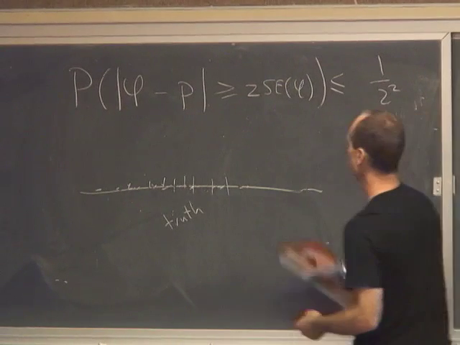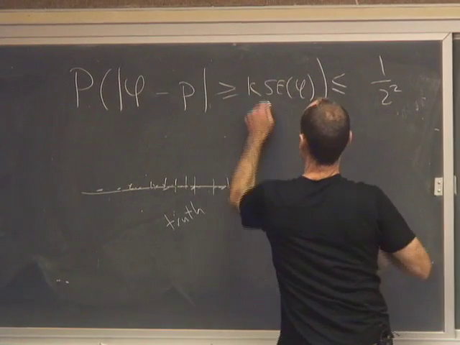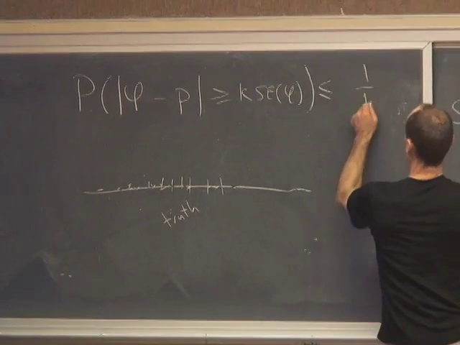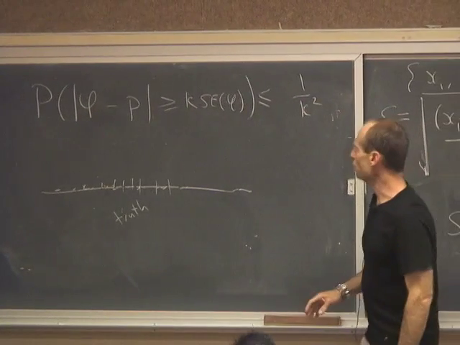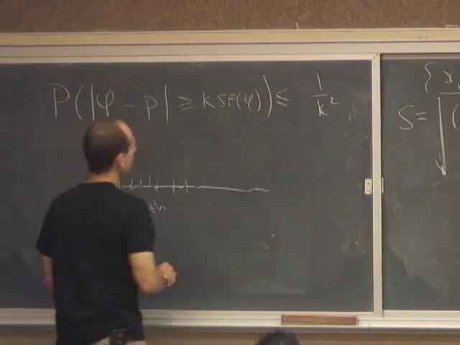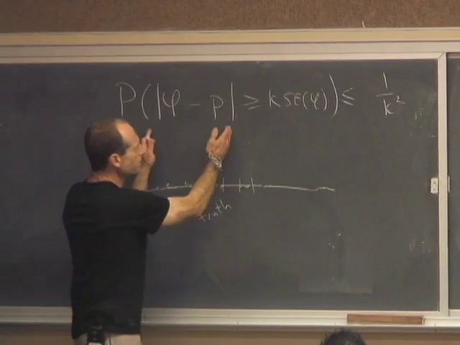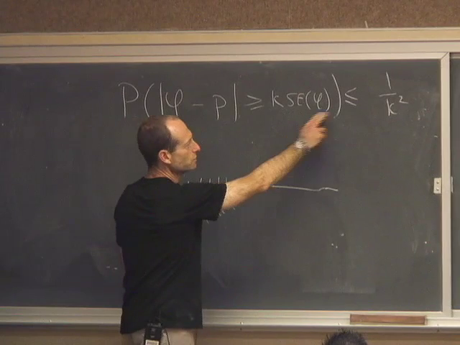In general, the chance that it's more than k standard errors away is at most 1 over k squared. So the chance that they differ by more than k SEs is no bigger than that.